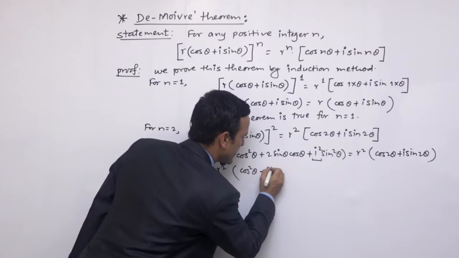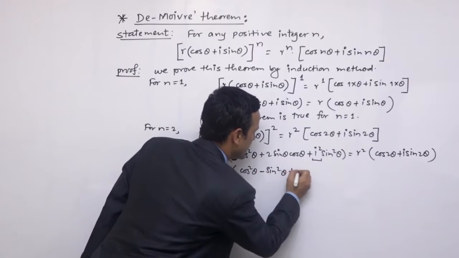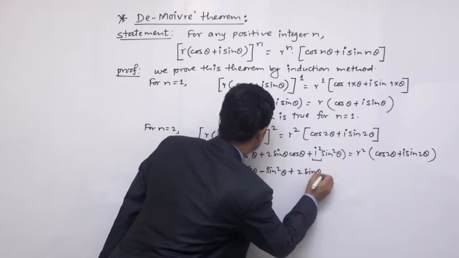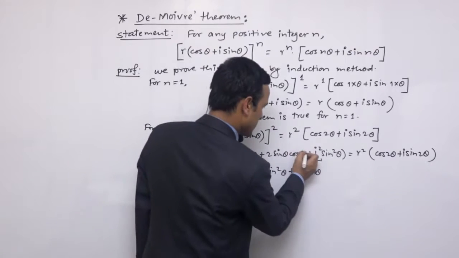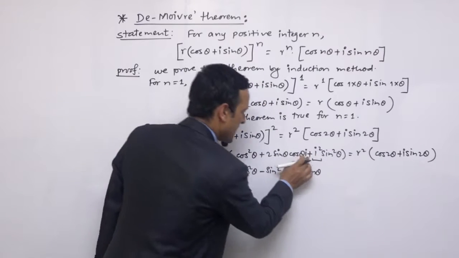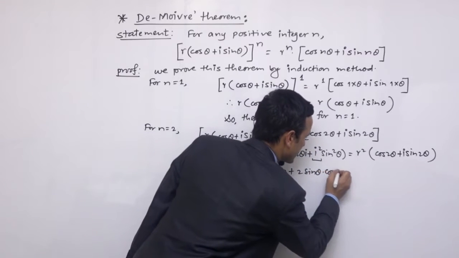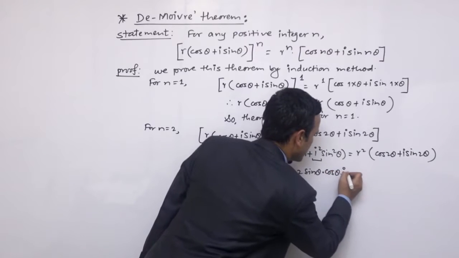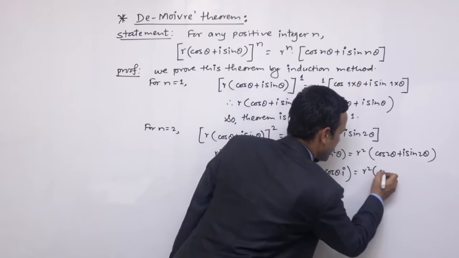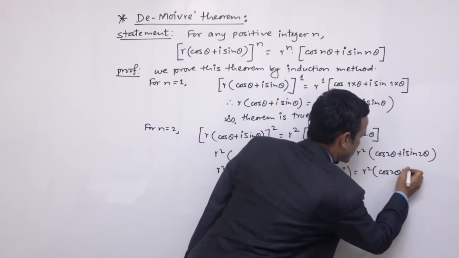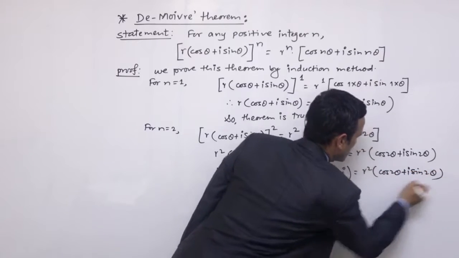So it will be minus sin square theta, and 2ab here is also I, so 2 sin theta cos theta into I. This is the value and it is the same as r cos 2 theta plus I sin 2 theta.